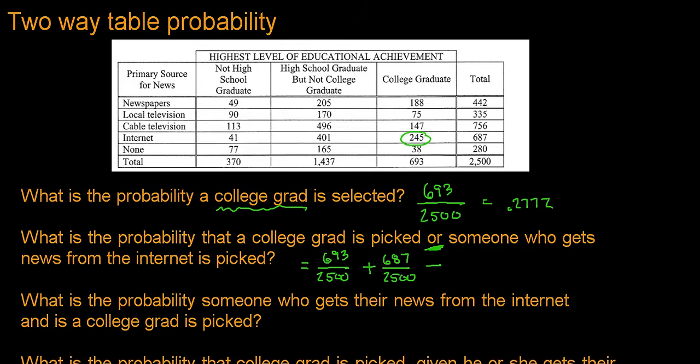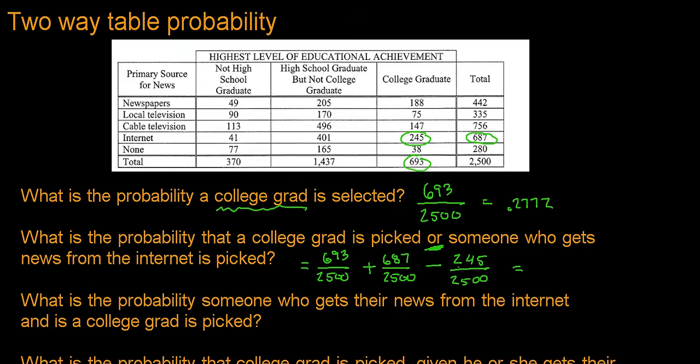Now, I'm going to subtract away the and. Those are the people that are both college graduates and get their news from the internet. Now, I want to emphasize this again. I'm not getting rid of those people, but if you think about it, those 245 people were counted among the 693 college graduates, but those 245 people were also counted among the 687 internet news source people.